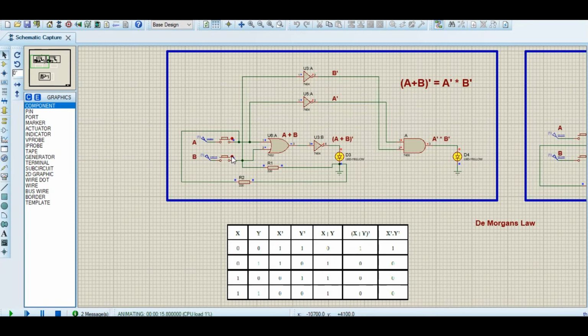So you will see this by closing the gate B. So both the outputs are 0. So if I open this and close this one, still both the outputs are 0, as you can see in this row. So if both the inputs are 0, the outputs are still 0.